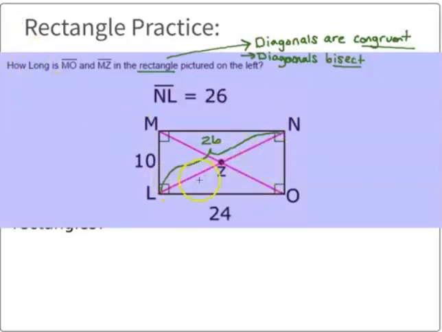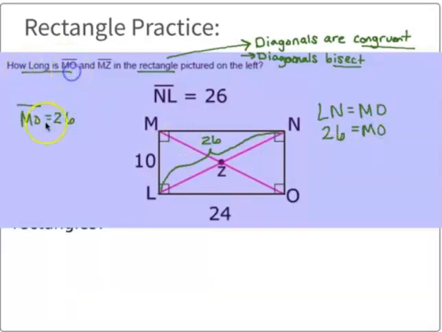So if we know the diagonals are congruent and we know LN, well, LN has to be equal to MO because diagonals are congruent. We know the length of NL is 26, so that means MO must be 26.